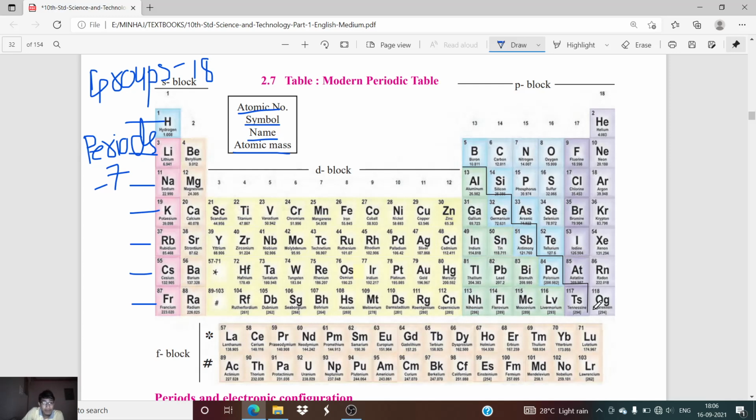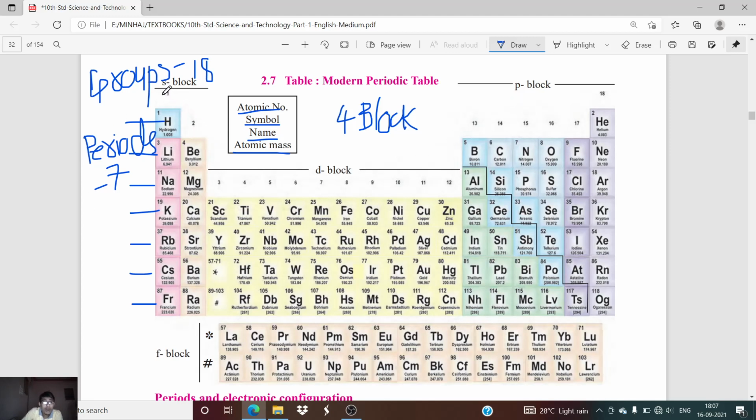Now in this table there are several blocks. In all, 4 blocks are there in the modern periodic table, that is S block, D block, P block and F block. So S, P, D and F, there are 4 blocks.